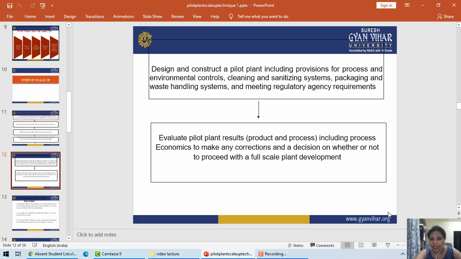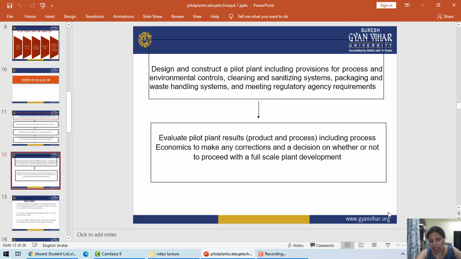Next is to evaluate pilot plant results, product and process, including process economics, to make any corrections and a decision on whether or not to proceed with the full scale plant development. So this is again the last step.